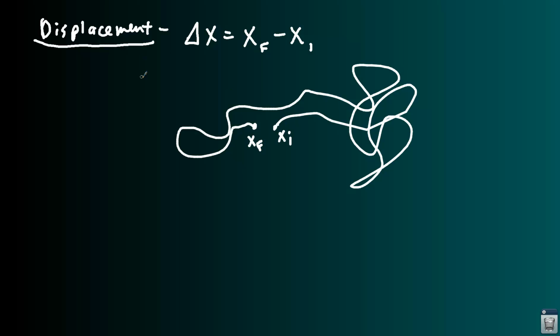In terms of just displacement, none of this matters. This is your distance traveled. Your displacement is this straight line distance from here to here. This is your delta x.